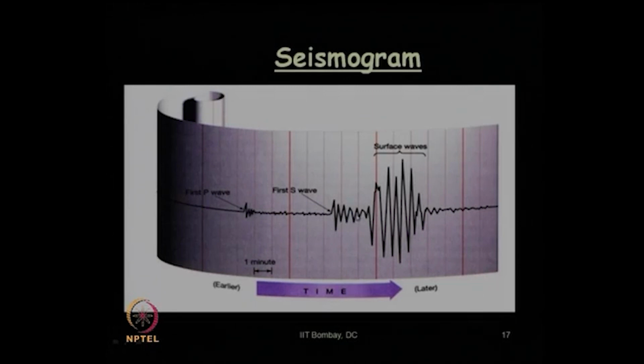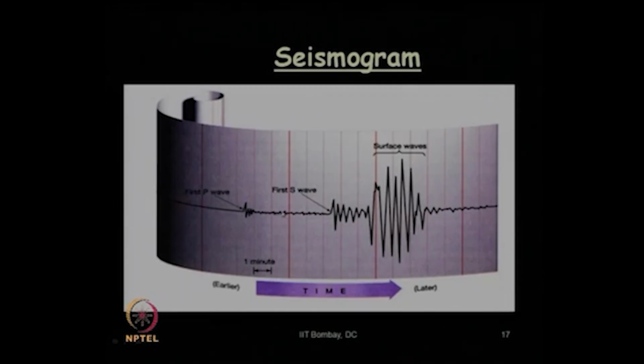Slowly that also was about to stabilize, but very soon a major shaking is recorded, and after some time even that shaking gets stabilized or no shaking occurs. That is the full picture we get recorded through this seismograph, and this recording we call a seismogram. So, what are these waves?